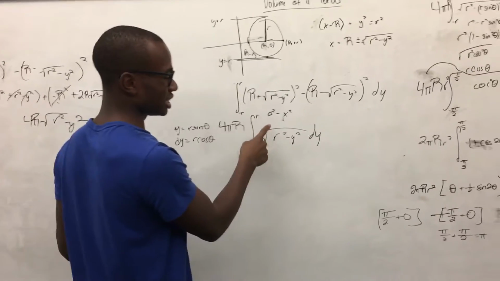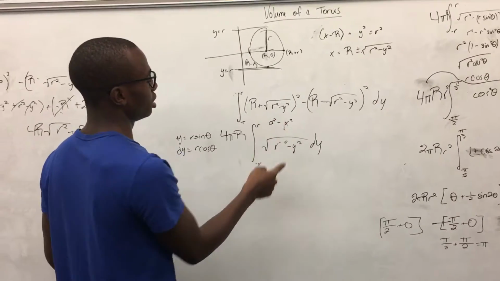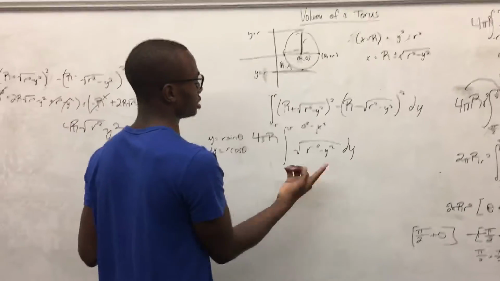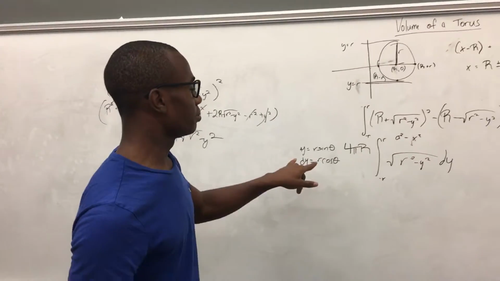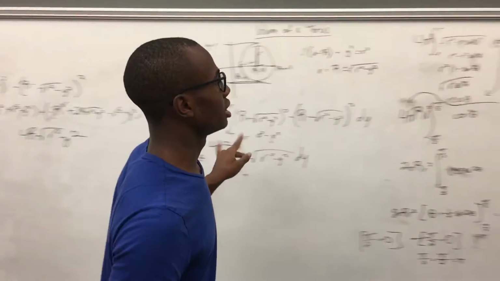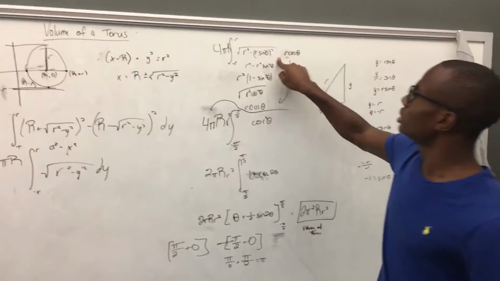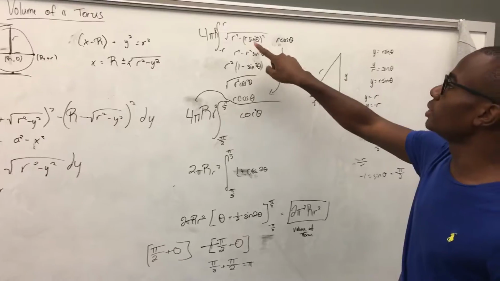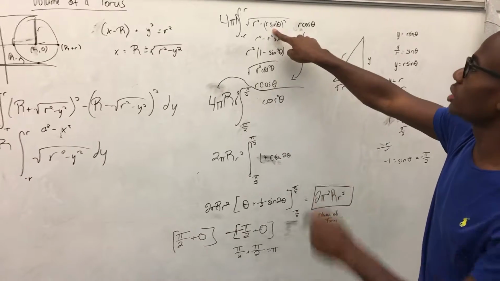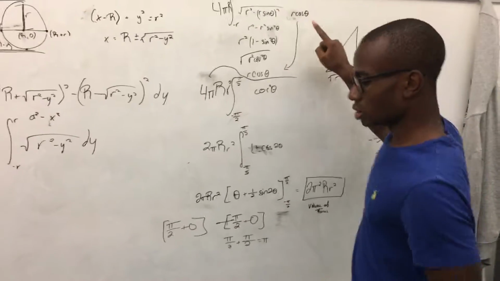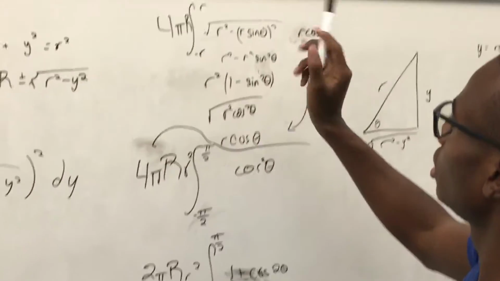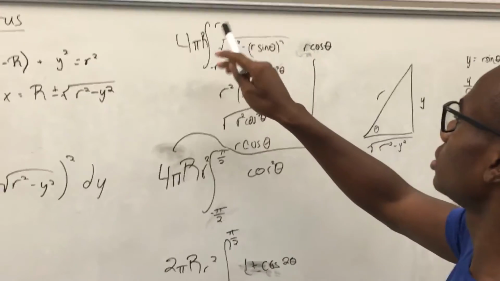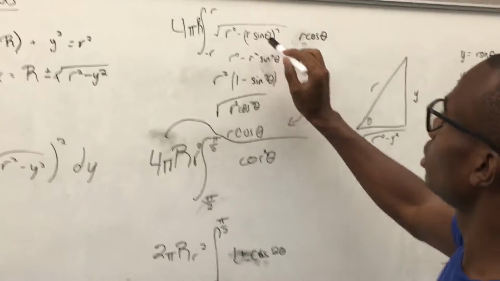Since this is in the form a squared minus x squared, because our r is the value, we just don't know it yet, I plugged in my sine, and I got this. This was the dy. This is the r cosine theta, and so 4 pi R from negative r to r, the square root of r squared minus the inside piece.